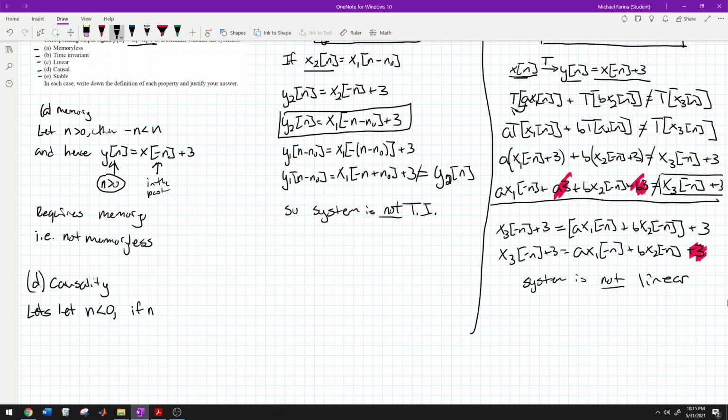If n is less than 0, and we just pick some negative number, say y of negative 1 is equal to x evaluated at 1 plus 3. You know, we have an n in the negative that depends on the n in the future. Well, that means the system's not causal.